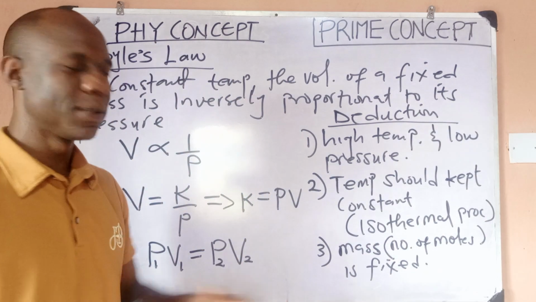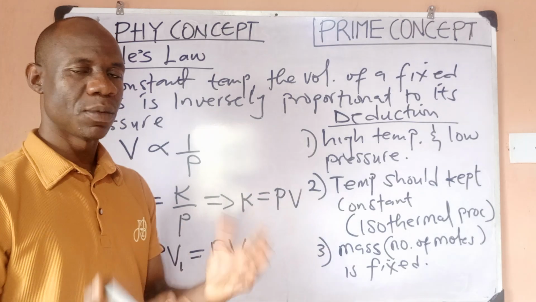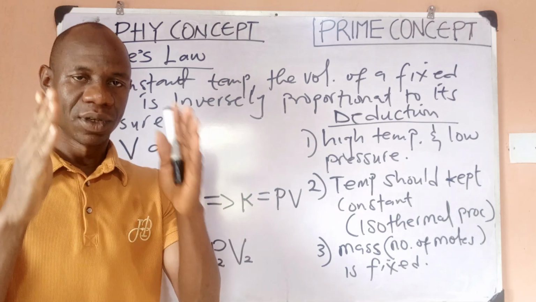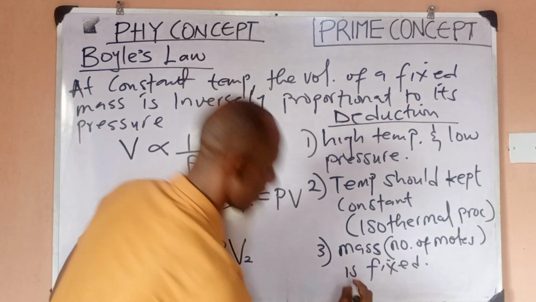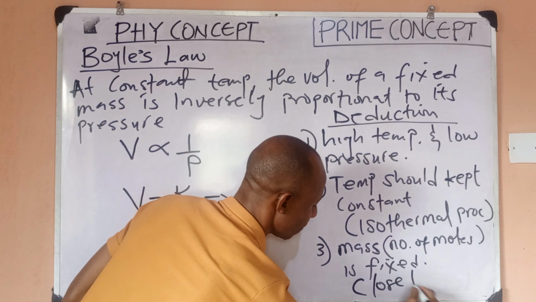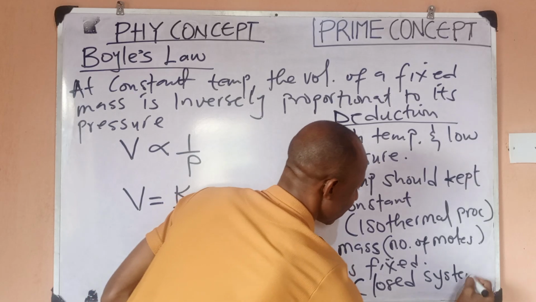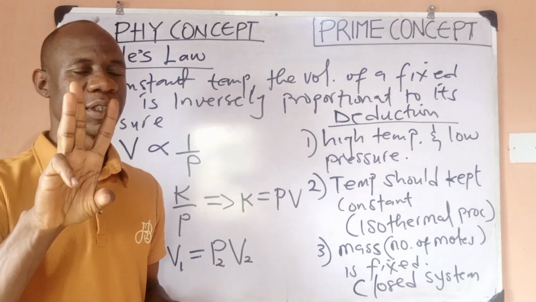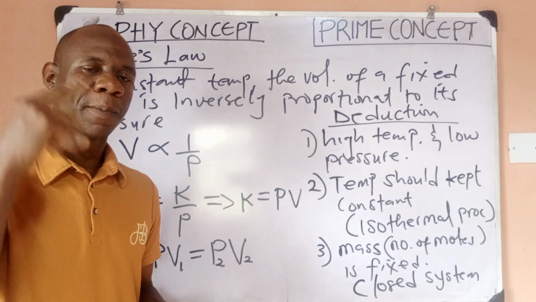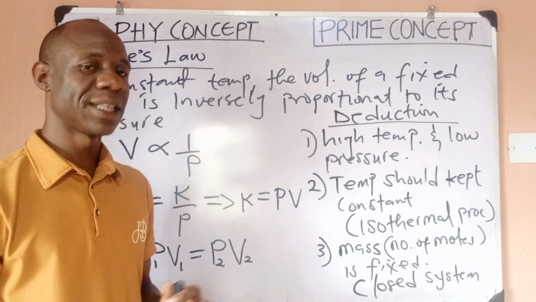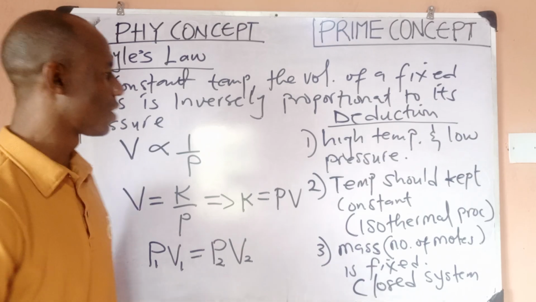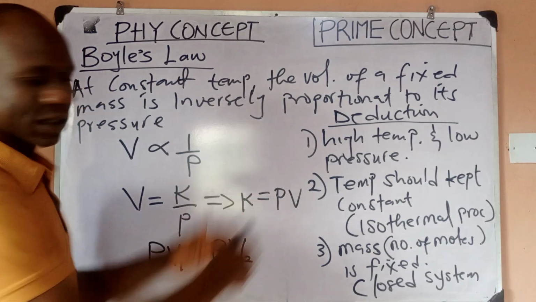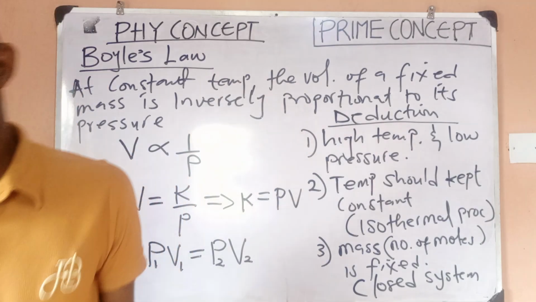For you to keep the mass or the number of moles constant, it simply means that you are working with a closed system. Remember, in thermodynamics, we have three types of systems: the open system, the closed system, and the isolated system. So we're working with a closed system so that our mass can be kept constant. These are certain points we should note.